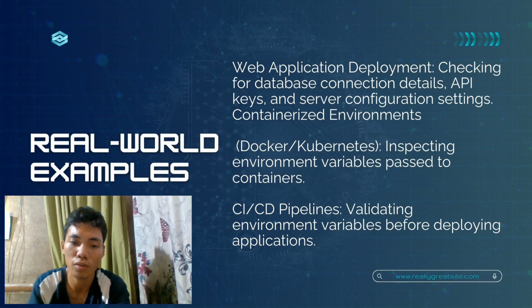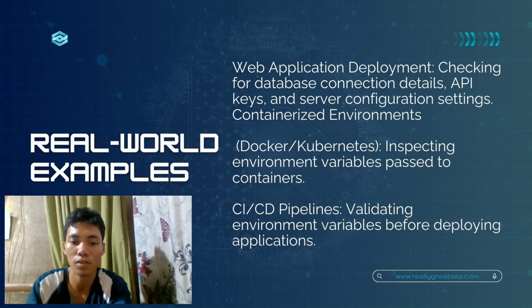So let's proceed to containerized environments, so Docker or Kubernetes: inspecting environment variables passed to containers. CI/CD pipelines: validating environment variables before deploying applications. So before we deploy the applications, we need to validate.